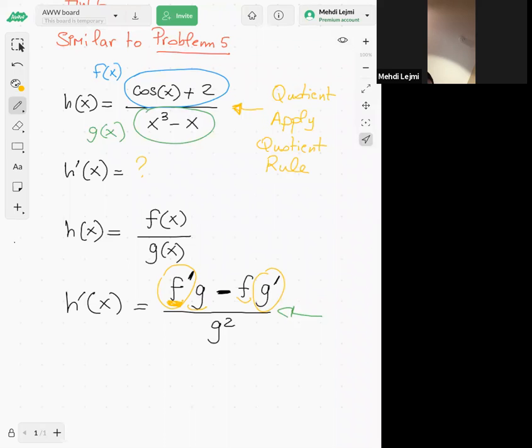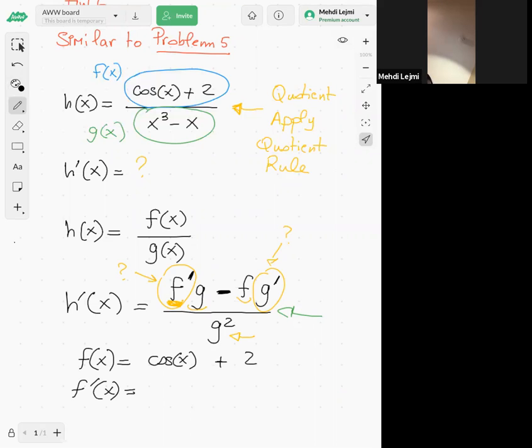In the denominator, it's just g squared. We know f and g, so we have to compute f prime and g prime. We need to compute f prime first. f of x is the numerator, the cosine of x plus 2, right? So what will be f prime?